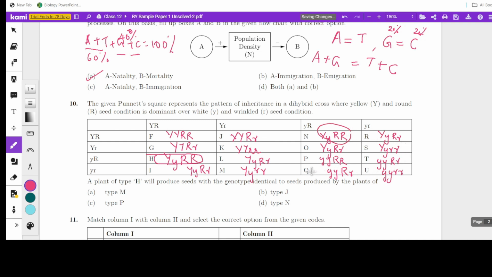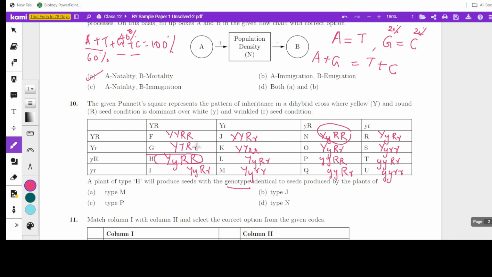Yeah, they're talking about the genotype, children. Genotype stands for the type of genes, the alphabets. Those who are not able to remember what the genotype and phenotype is, genotype always stands with the alphabets we use, and phenotype is the morphology, or what character, what trait they express. That's what phenotype refers to. Here they have asked for the genotype.